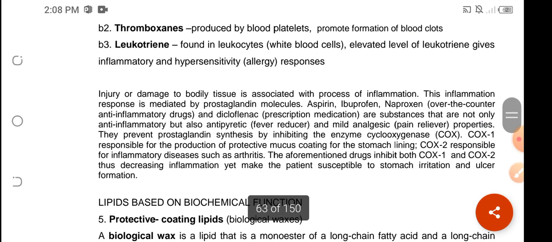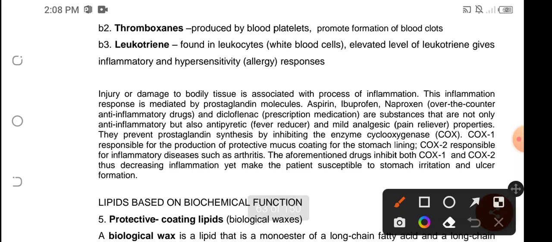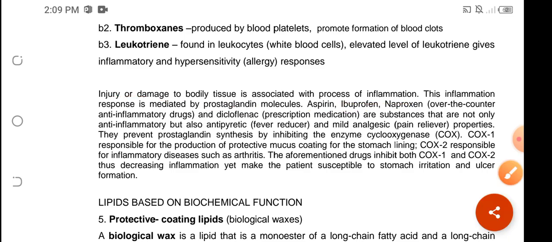Okay, so when we have injuries or damage to the bodily tissues, there is an inflammation. Now, to counteract this inflammation because of the prostaglandin molecules, we tend to take medicines like aspirin, ibuprofen, naproxen.